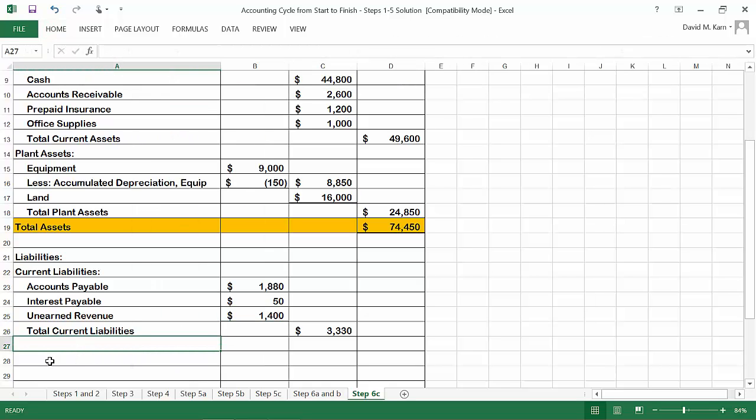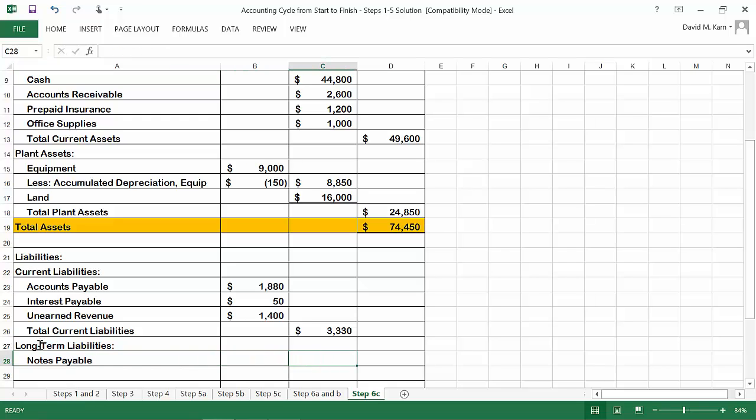Okay, then we get to our long term. And remember, long-term liabilities are anything that's due longer than 1 year from now. So it looks like we just have the one, and that would be notes payable.